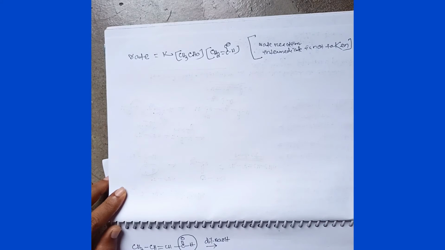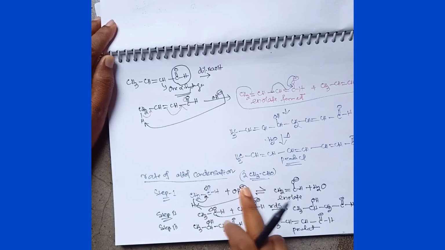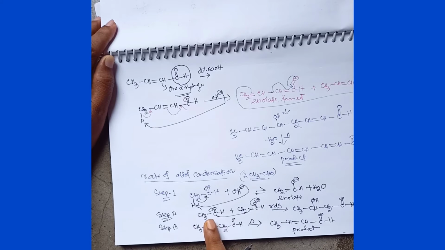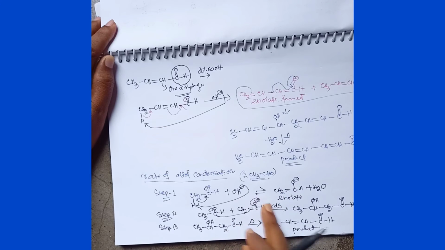Here, this is the reversible reaction, and this reaction is the RDS. So, in the rate expression, rate equals K into the concentration of this aldehyde and the concentration of this enolate. But we should not write the enolate in the rate expression, so we will take this enolate concentration from the equilibrium constant.